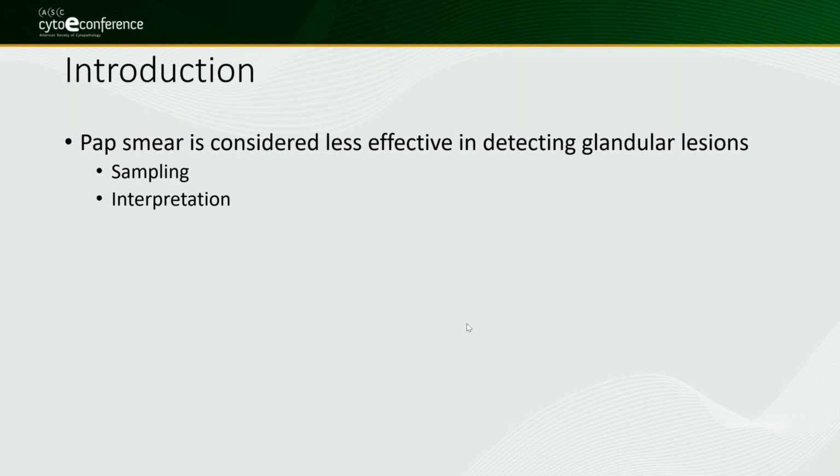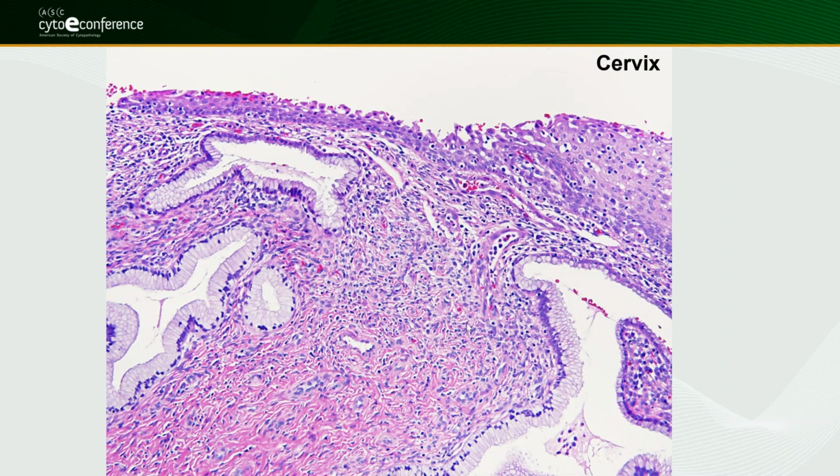So we'll start with the cervix. To understand the cytology aspect of the glandular lesions, it will be easier if we know the histologic counterpart. This is the squamocolumnar junction. You see the squamous epithelium here, and the metaplastic squamous epithelium over the top, and the normal endocervical glands underneath.